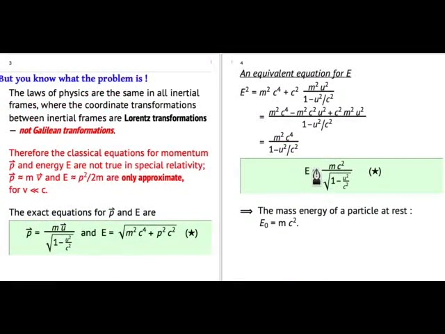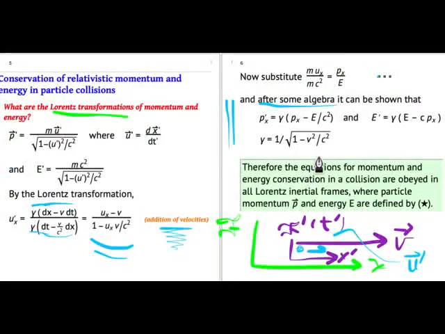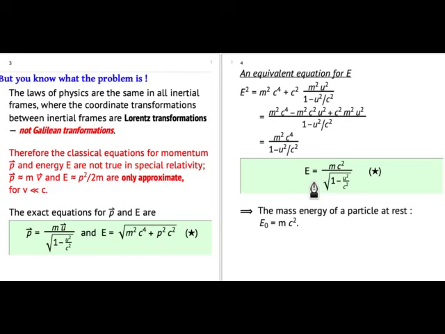So that's why these equations are correct, because these equations, together with the Lorentz transformation, ensure that the conservation laws, the laws of physics, are true in all inertial frames. All right, so I hope you've been taking notes. You're going to need these equations to do the Lon-Kappa problems.